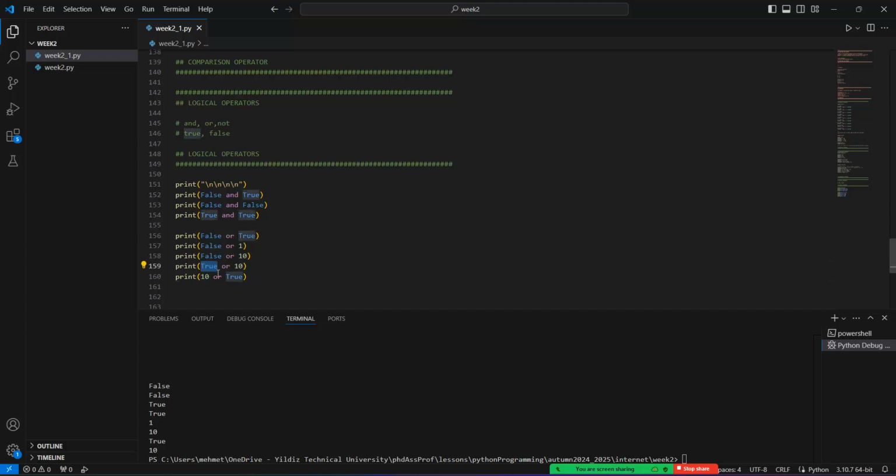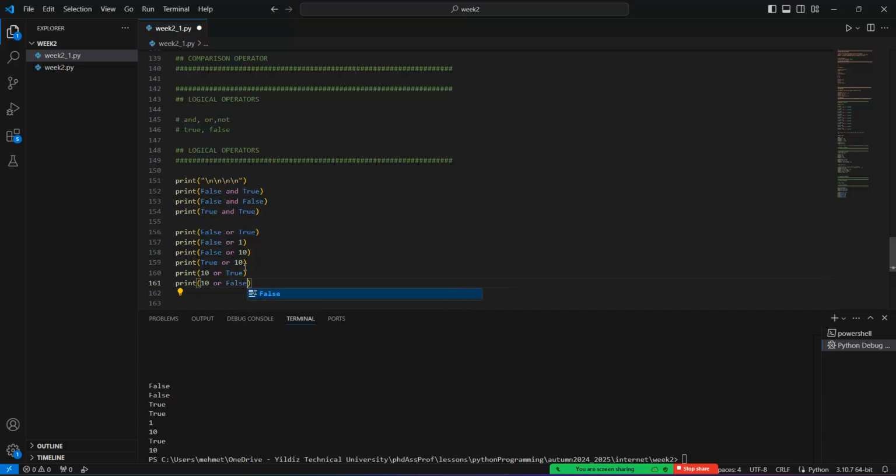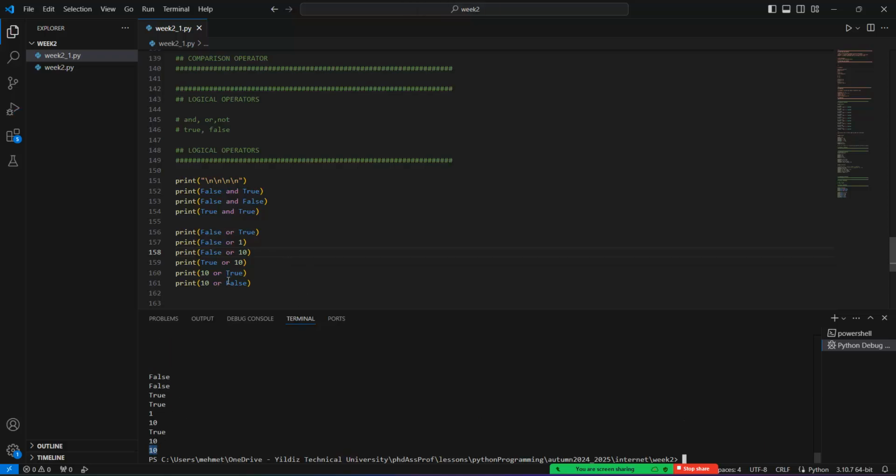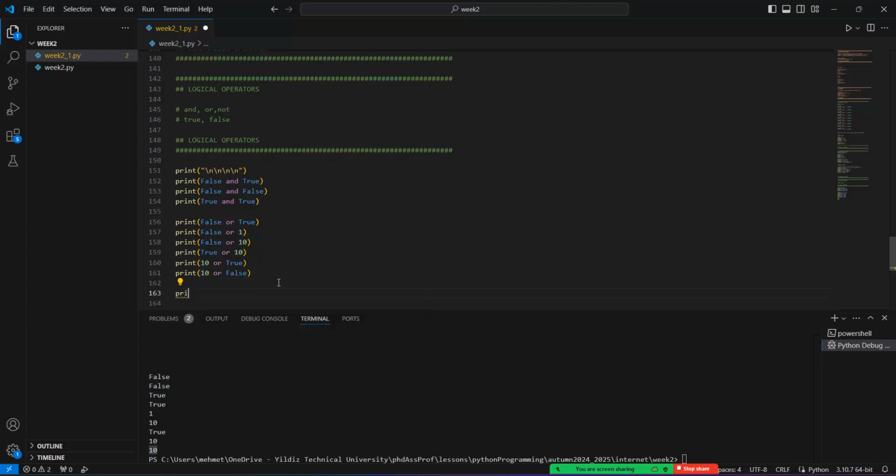Otherwise we cannot do that, because in this case 10 or false gives us a 10 value. So if we have any integer value at the left hand side of the OR, this returns the same value.